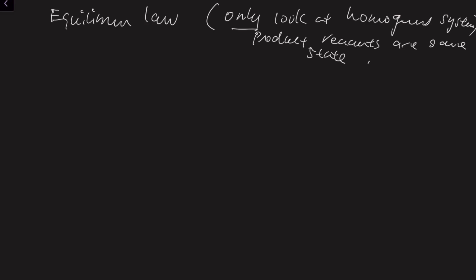So in the production of ammonia example, they are all in gaseous state. In some reactions, you would actually produce solid from aqueous solutions. And this is not a homogeneous system, and we would not consider those types of chemical reactions.